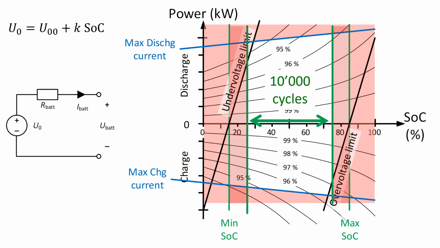Here's an example. If we assume the battery shall last 10,000 cycles, the state of charge window is reduced to this level. Since the undervoltage and overvoltage limits stay the same, they play a smaller role or even no role for a battery with narrowed down state of charge window.